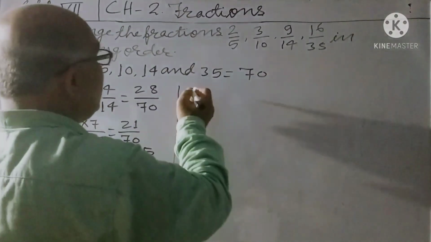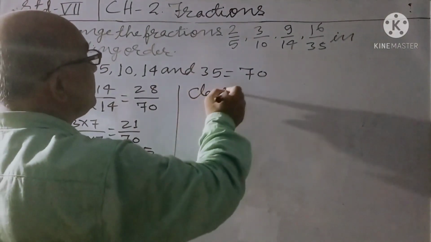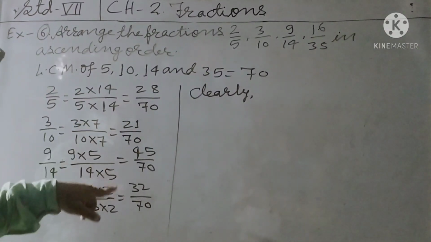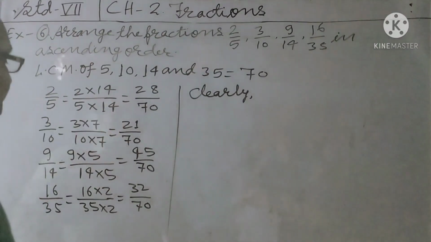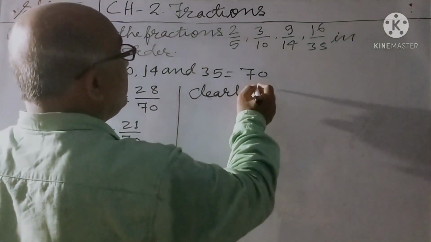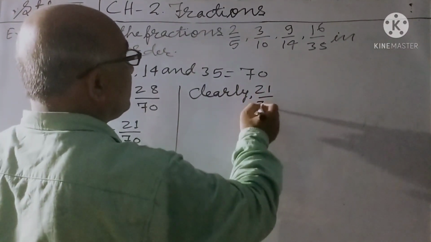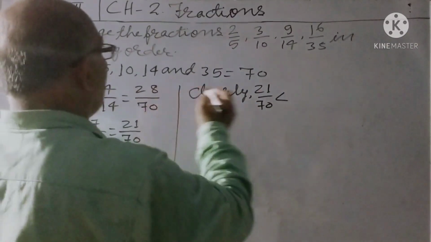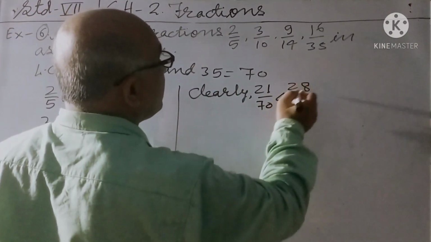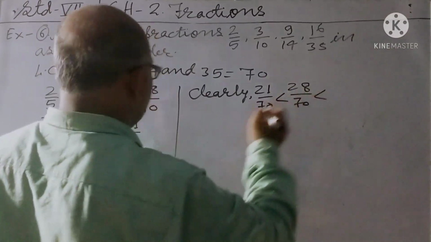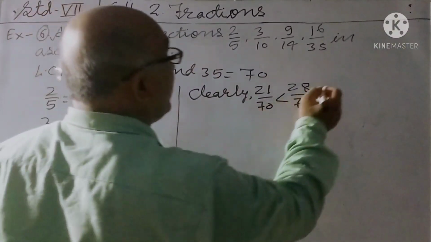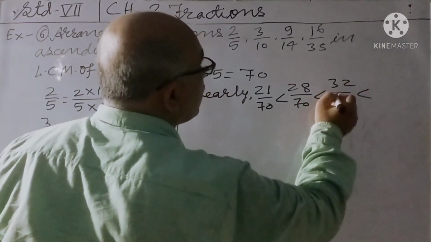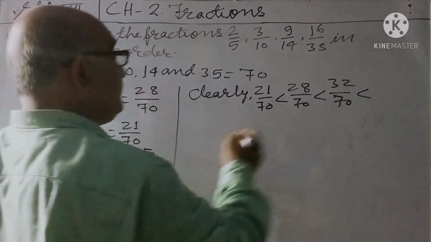Now clearly the smallest numerator is 21, so 21 by 70, next 28 by 70, next 32 by 70, next 45 by 70.